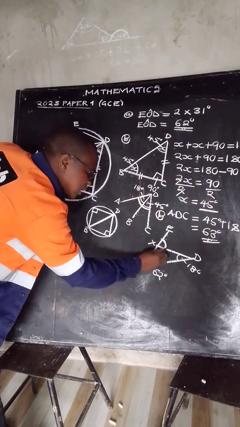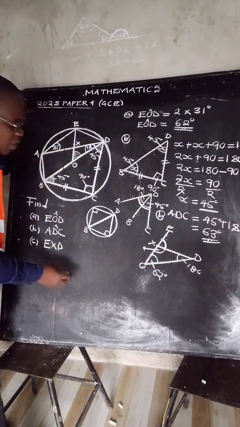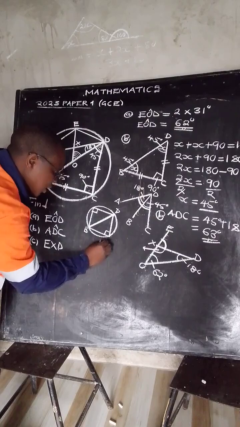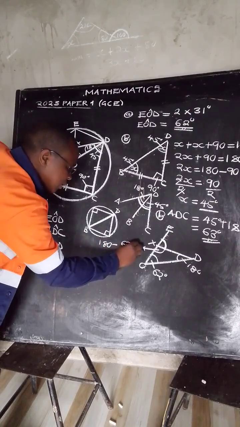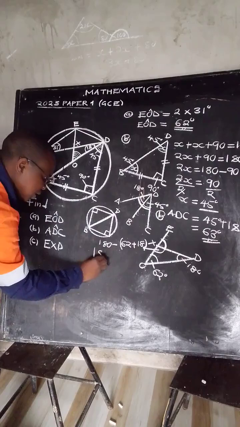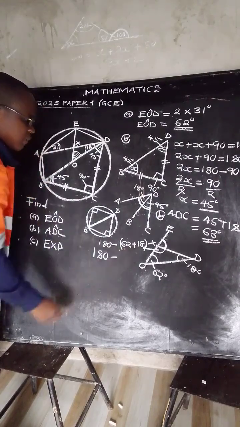So first, let's find this angle. Finding this angle, we're going to say 180 minus 62 plus 18. So 180 minus 62 plus 18, you get what?